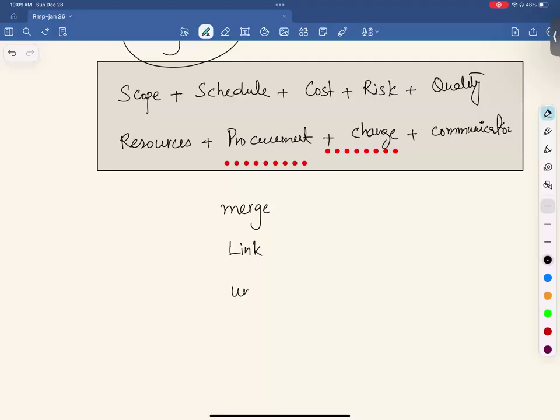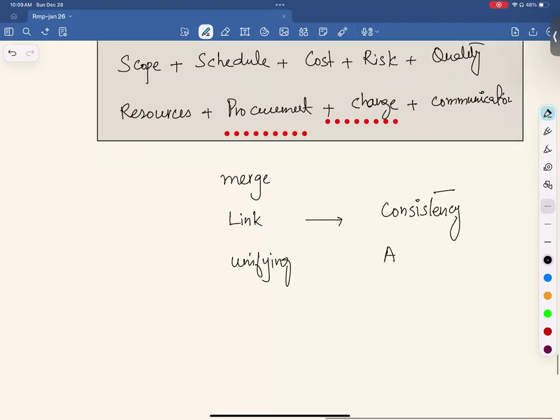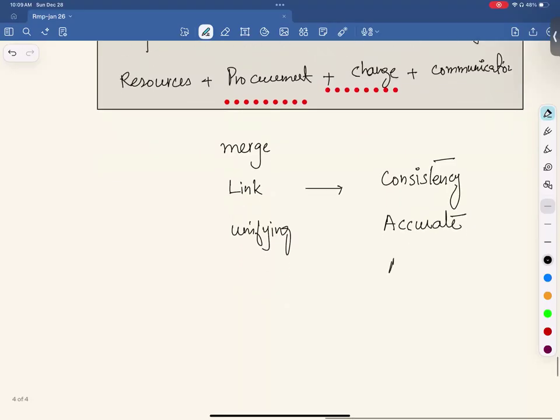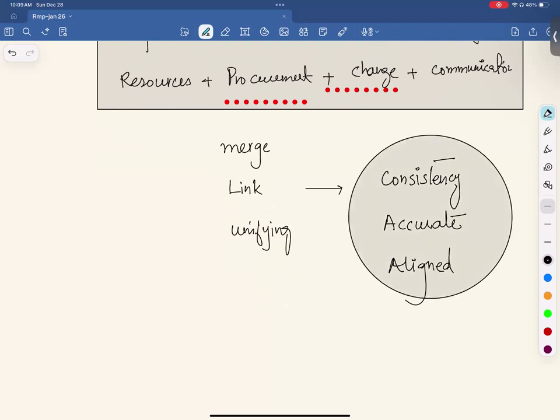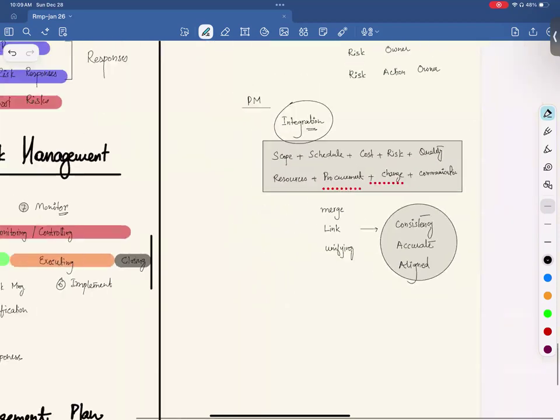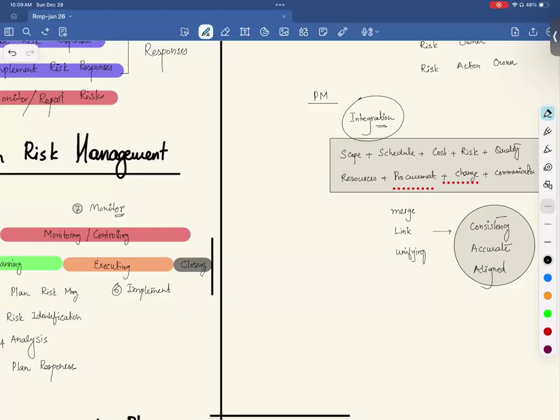This is also called unifying. And the purpose is making sure that all the plans are consistent, all the plans are accurate, right? And all the plans are aligned with the overall objective of the project, alignment. This is the job of integration, and this is done by the project manager. So that's the role of the project manager when it comes to risks.